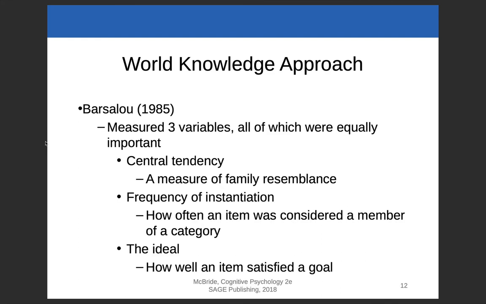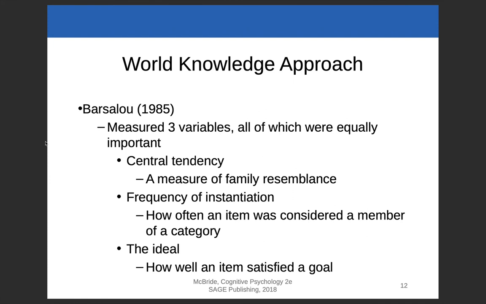What Barsalou did was measure three variables, all of which were equally important. The first was central tendency, a measure of family resemblance. Kind of like Wittgenstein's idea, where we ask, in a particular category, what are some of the common tendencies of everything?